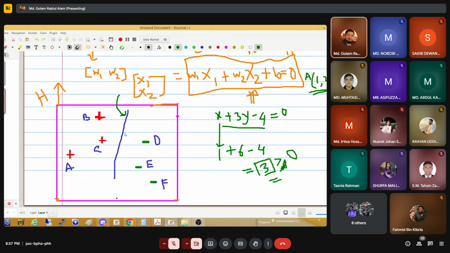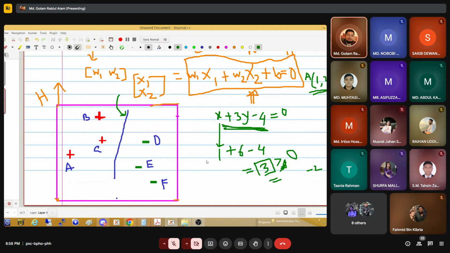If for any data point we get a negative value, like -2, it means the data point is below this line. We know this from our high school math.